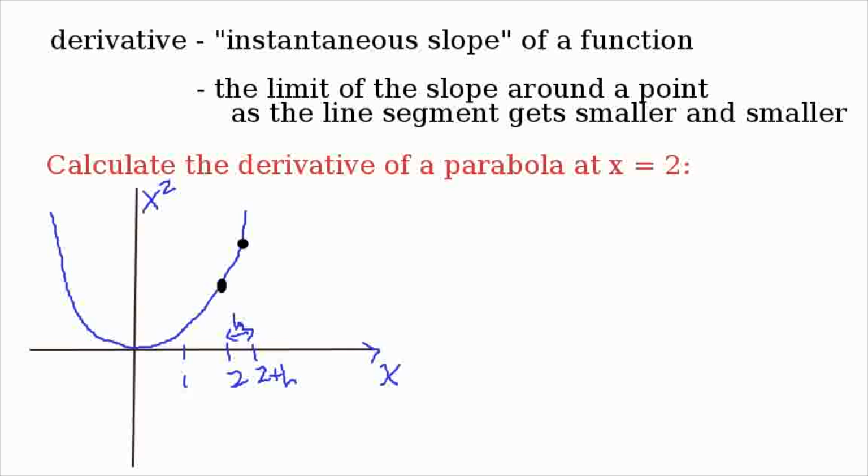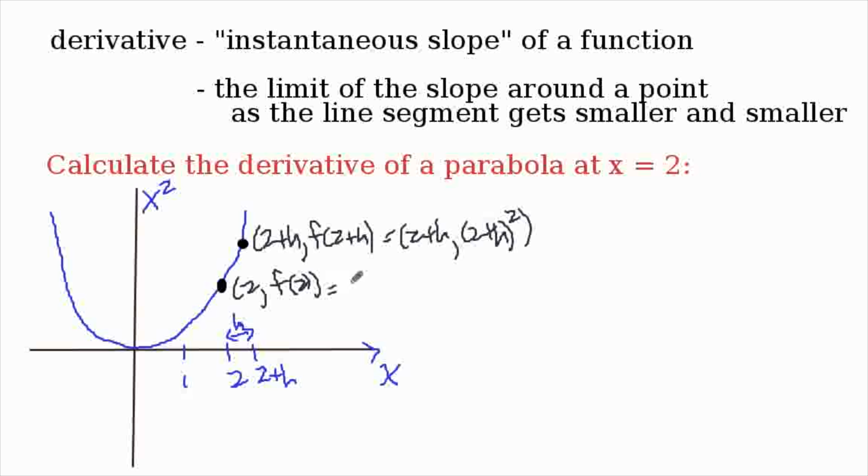Well, let's first get the coordinates of both of those points. The top one is at 2 plus h, comma f of 2 plus h. The bottom one is at 2, comma f of 2. In other words, 2 plus h, comma 2 plus h squared, right? And then the other point is 2, comma 4.